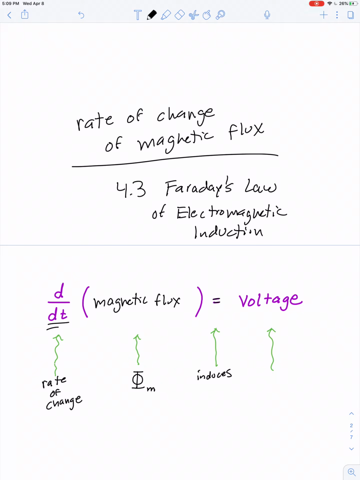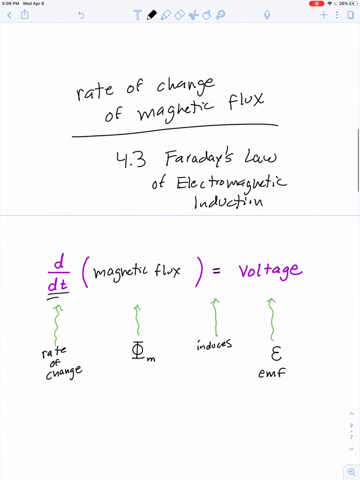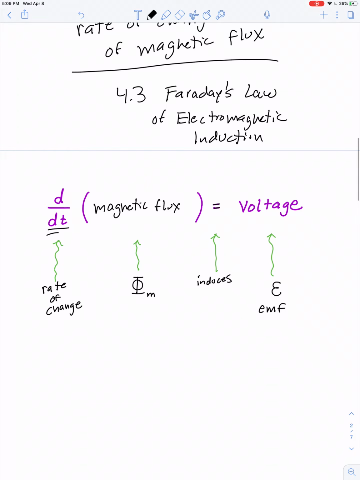And here for voltage, we're going to go back to that symbol, that script-looking E that represents EMF, and electromotive force is just an old-timey way of saying voltage. So let's put this together another way and say d magnetic flux dt is equal to induced voltage.